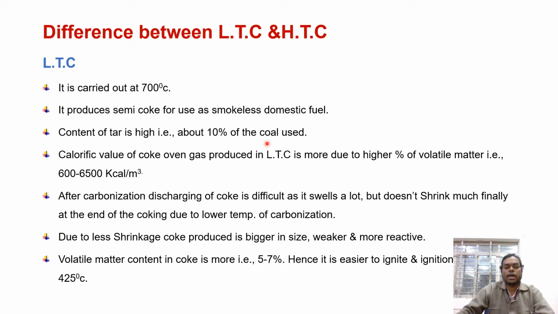The calorific value of coke oven gas produced in low temperature carbonization is more due to higher percentage of volatile matter, that is 6000 to 6500 kilocalorie per meter cube.